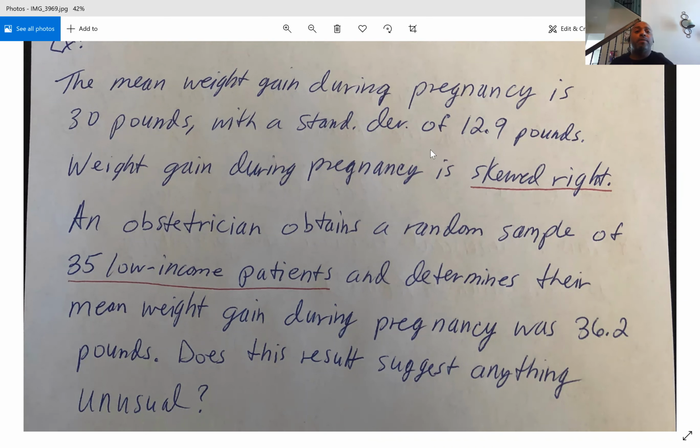So I'll read it one more time. The mean weight gain during pregnancy is 30 pounds with the standard deviation of 12.9 pounds. Weight gain during pregnancy is skewed right. So remember, we need to be normally distributed. An obstetrician obtains a random sample of 35 low-income patients and determines a mean weight gain during pregnancy is 36.2. Does this result suggest anything unusual?